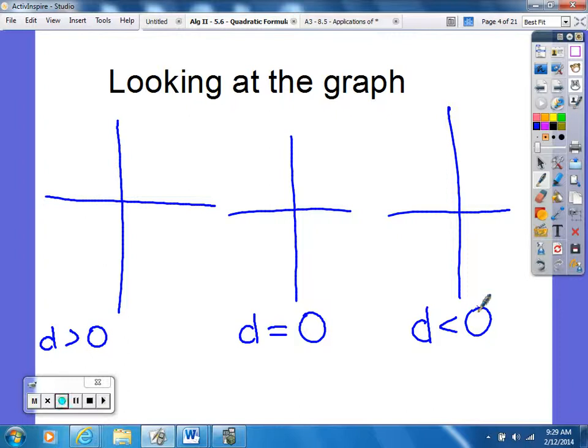So if my discriminant is positive, what did we write down in that section? How many x-intercepts should I have? I should have 2 x-intercepts. So I'm going to draw a graph here. Notice that it touches the x-axis twice.